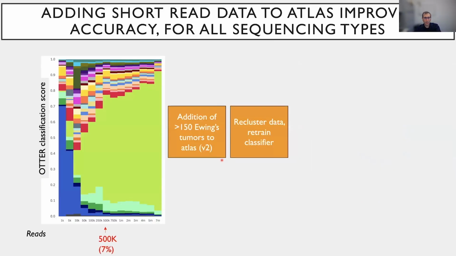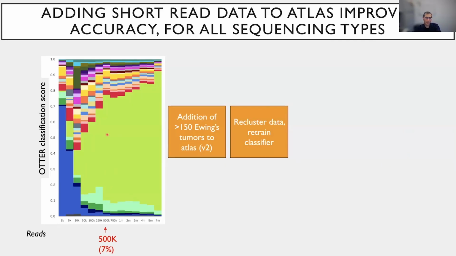So then Sandy asked what happens when you retrain the short read classifier, when you begin to add more data to it, what happens to the ONT data? So Ewing sarcoma is an important tumor type that's studied in the lab. And you can see initially that the Ewingsness, which is shown in this kind of pukish green color, emerges after 500,000 reads.